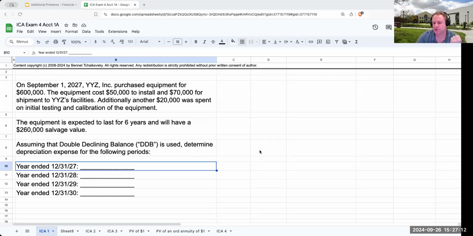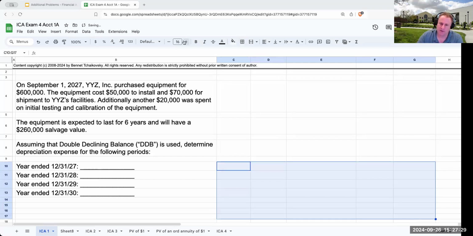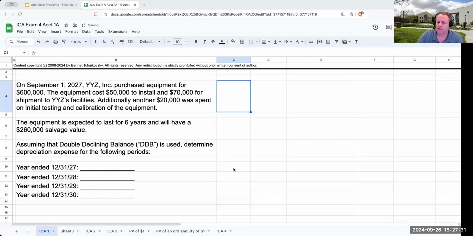But in any event, for this particular question, how do we compute depreciation expense under double declining balance? Normally, if we were doing straight line, it would be acquisition cost minus the salvage value divided by the estimated useful life. But since we're trying to do an accelerated method, the formula is going to be the acquisition cost minus the accumulated amount of depreciation I've taken to date, divided by the estimated useful life.